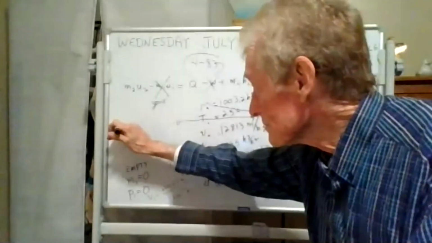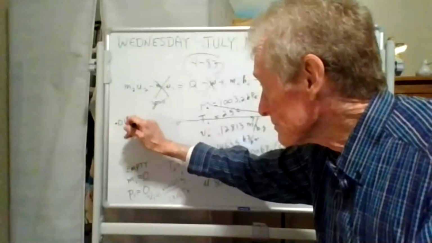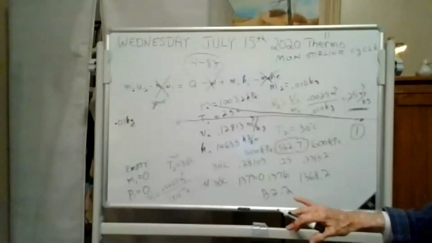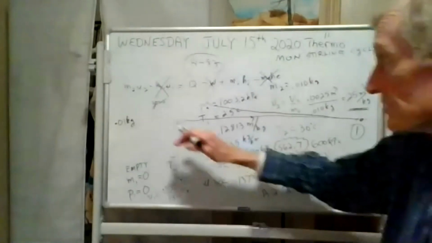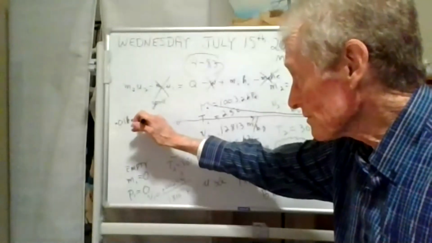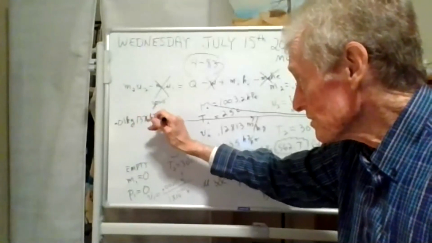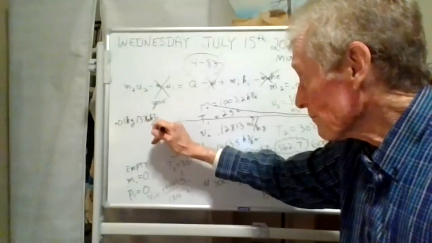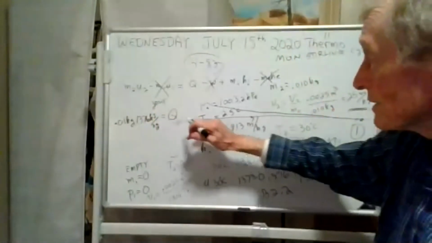Now, M2 is 0.01 kilograms. U2, that's what this is. This is 1376. We had to interpolate it. 1376 kilojoules per kilogram equals Q. This is what they wanted.